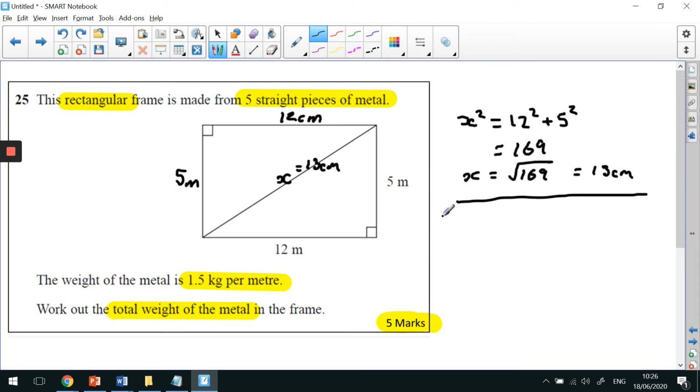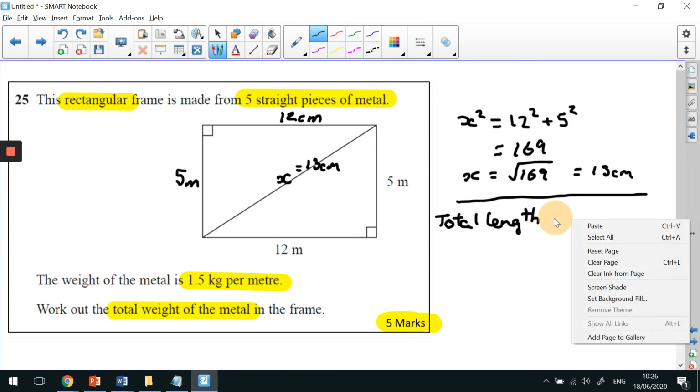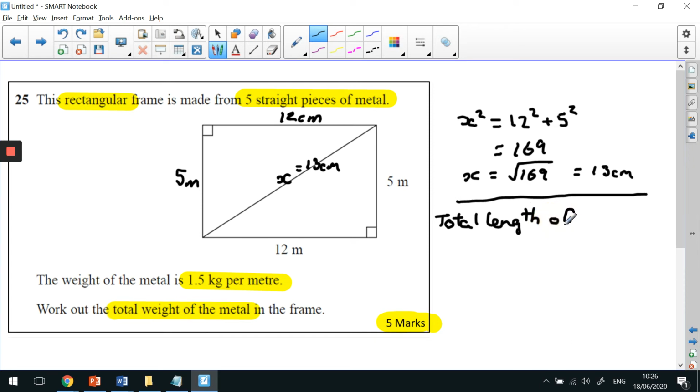So the total metal, remember to think about making it nice and clear for the examiner. Sorry if this is scruffy, it's very difficult to write on this. So the total length of metal is 5 plus 5 plus 12 plus 12 plus 13.